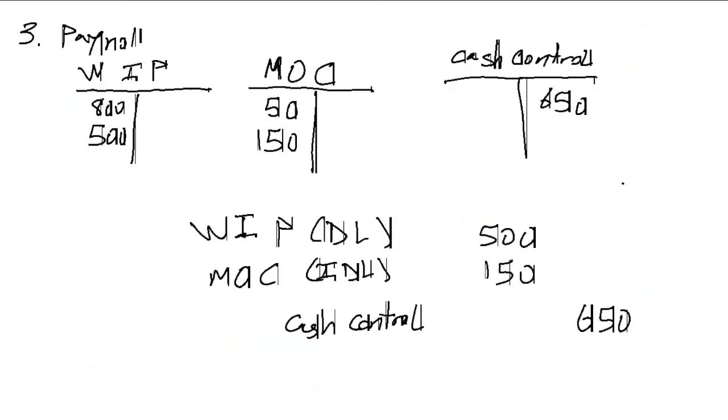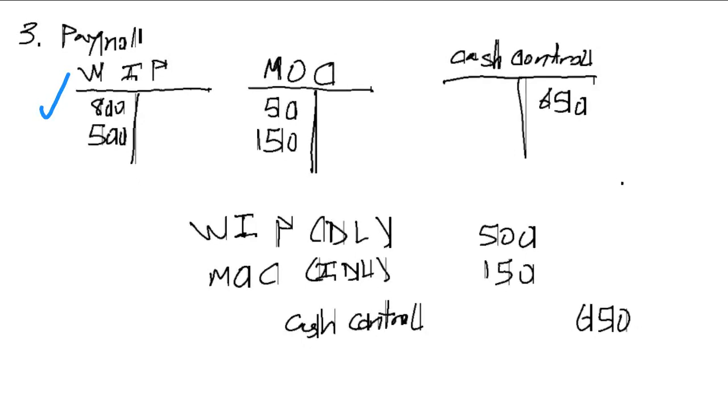Here I have journal entry number 3. I already have work in process debited from number 2, 800. That's 800 from journal entry number 2.